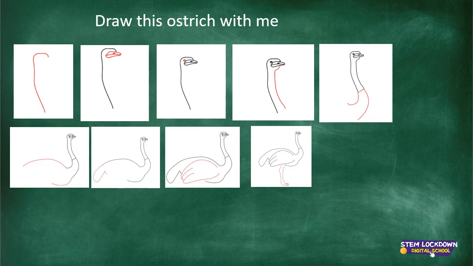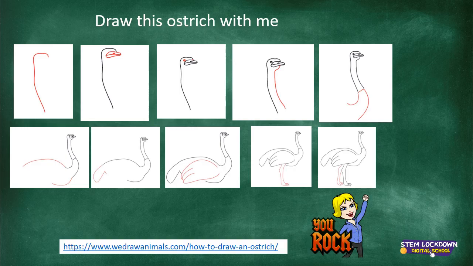There's our ostrich, looking good, but there's one foot missing. Can you draw that foot, that leg, with the two toes at the bottom? Right, let's draw the other leg, and then your ostrich will be complete. Well done. Is your ostrich complete now? Awesome.